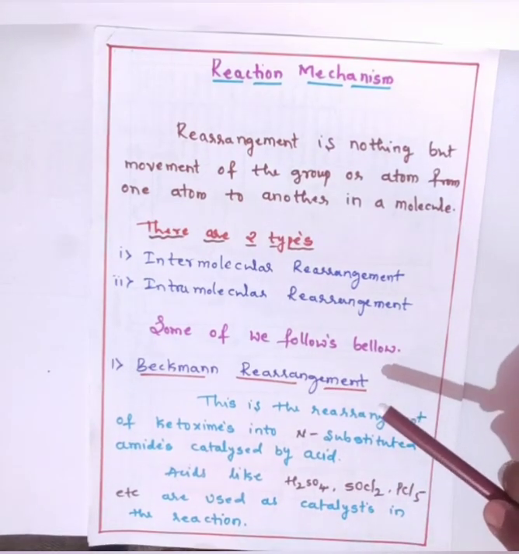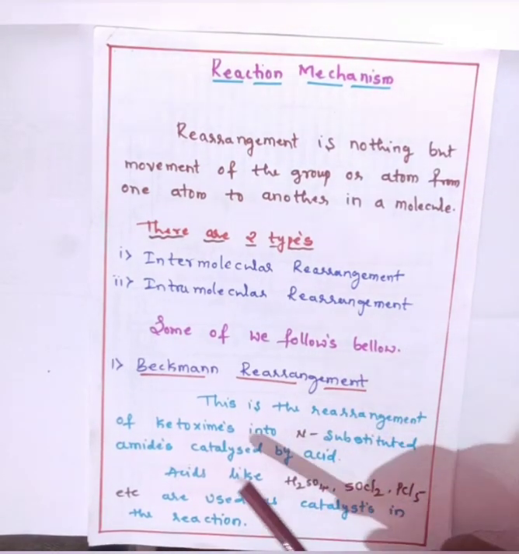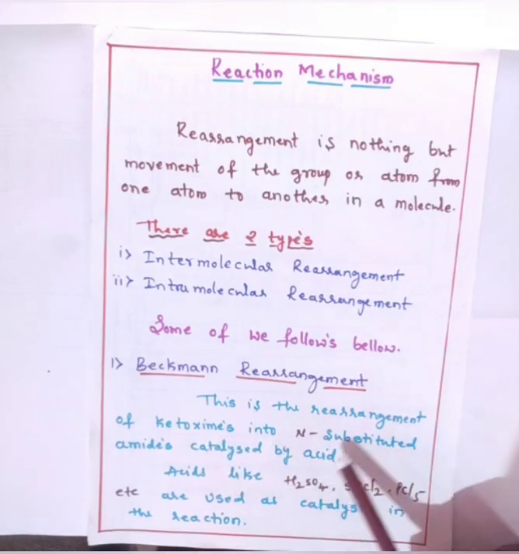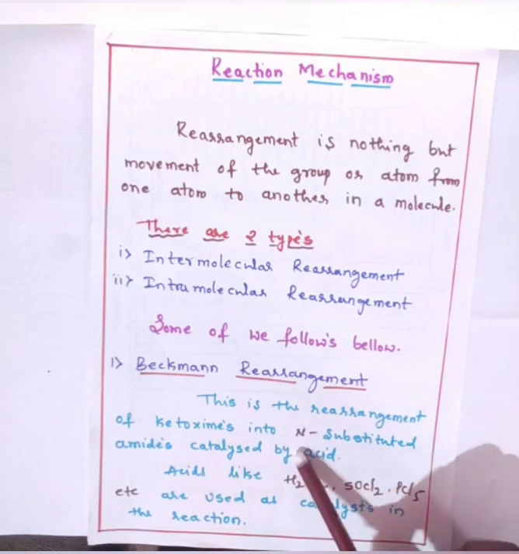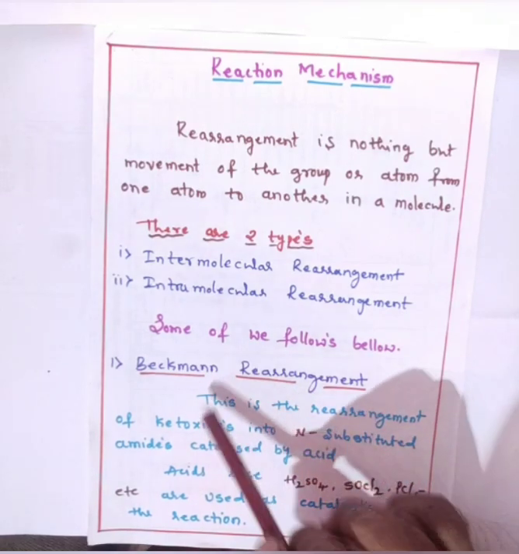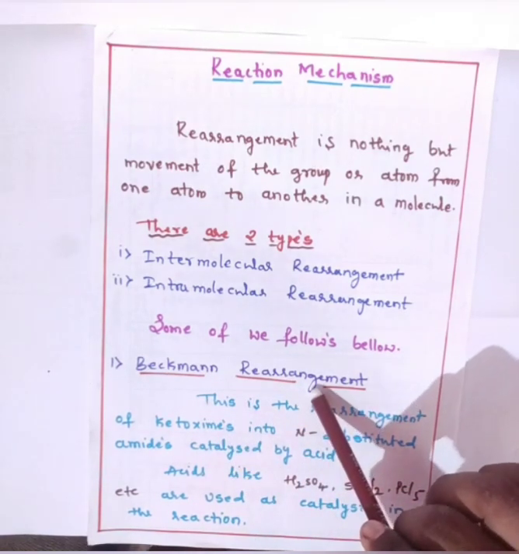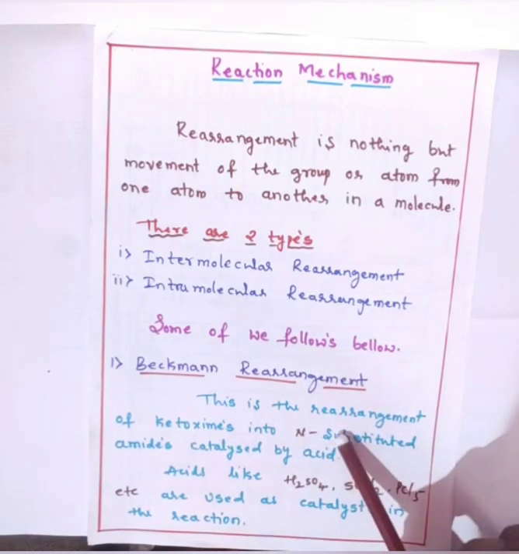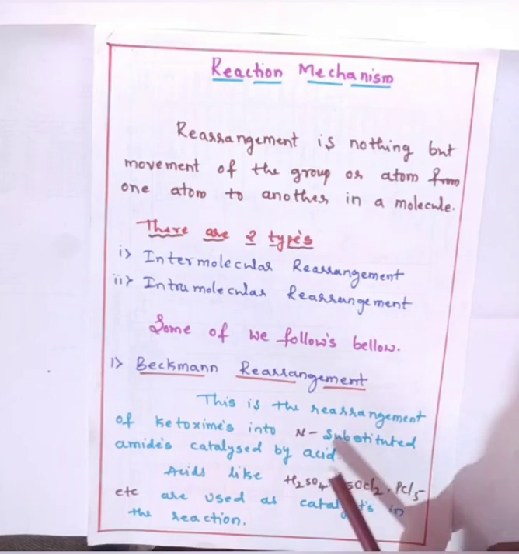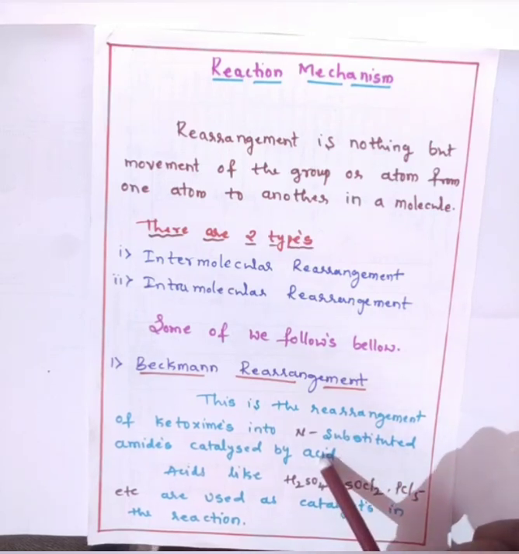Beckmann rearrangement reaction is the rearrangement of ketoximes into N-substituted amides, catalyzed by different acids. That is, in the presence of different acid catalysts.